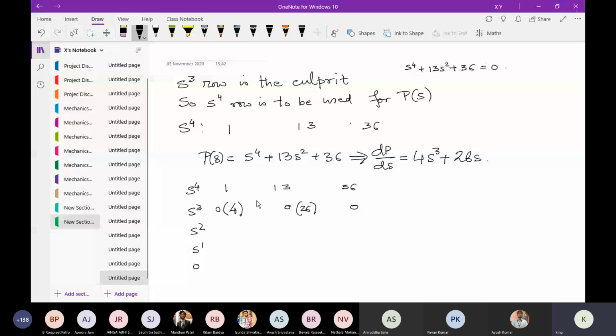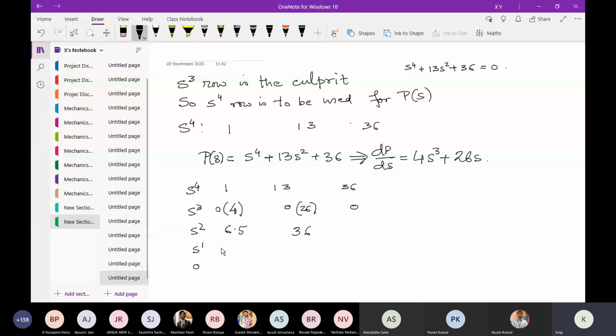So 4 into 13, 52, minus 26 will be 26 by 4, 6.5. Similarly, 1 into 0 minus 4 into 36 by 4 again will give me 36.